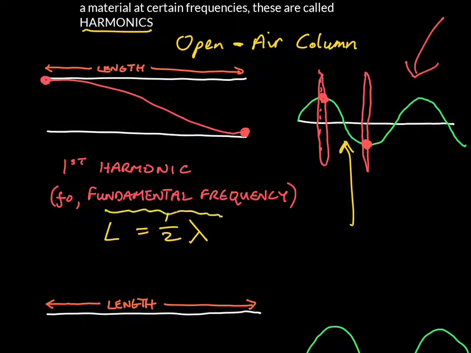So it's very important for an open-ended column, there's a relationship between the length and the wavelength. For the first harmonic of an open-ended column, the length of the tube is equal to half the wavelength, or another way of writing it is that the wavelength is equal to twice the length of the tube. Now that is the biggest wavelength that we're going to see, the lowest frequency, and so it's called the fundamental frequency, the first harmonic.